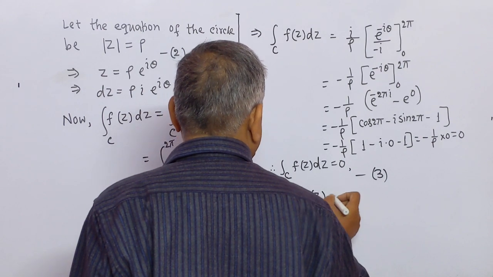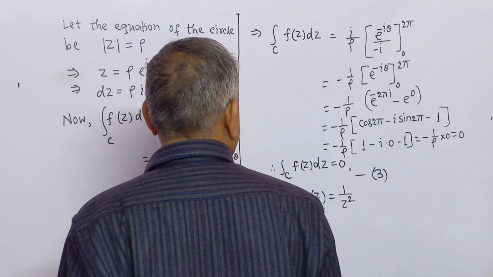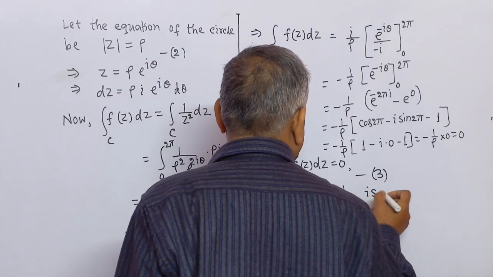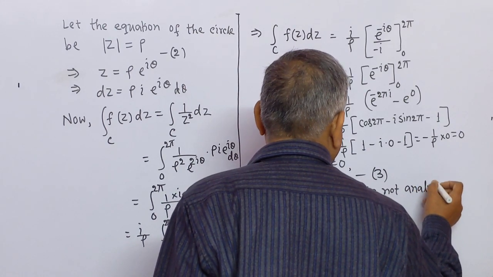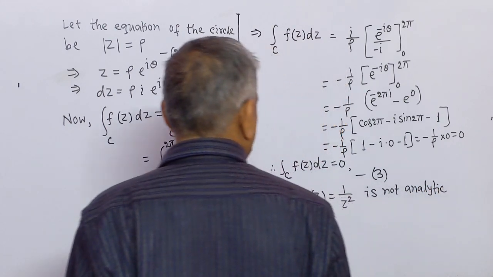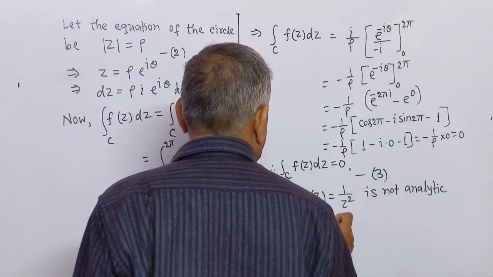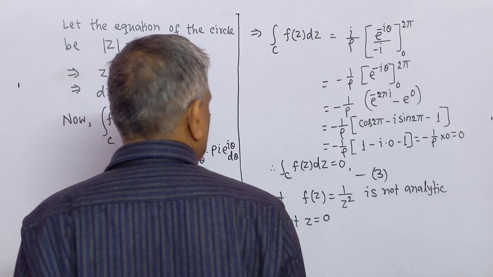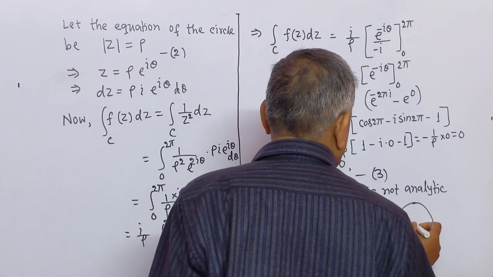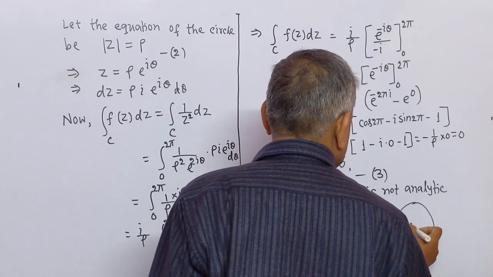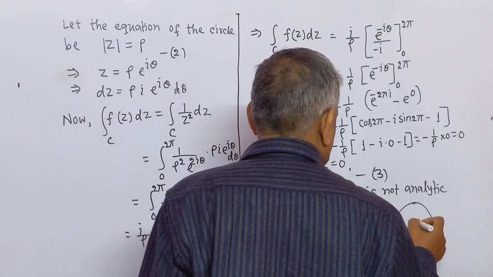But f(z) equal to 1 by z square is not analytic at z equal to 0, since our circle's center is the origin, z equal to 0, and radius is rho.